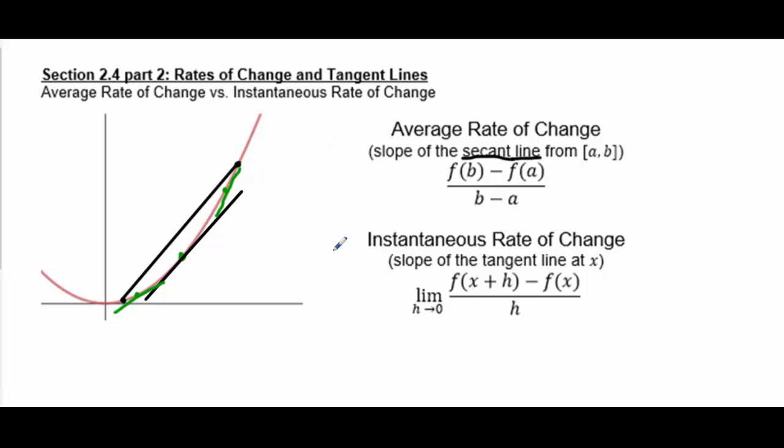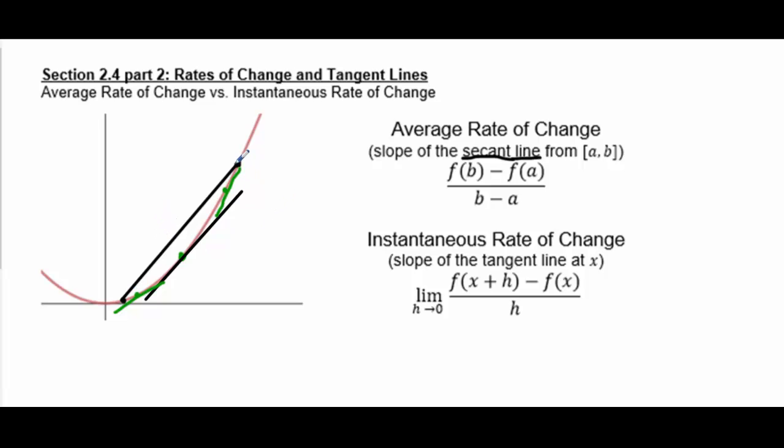What this formula here for the slope of the tangent line does is it's the idea that we bring these 2 points on our secant line as close together as possible. In fact, we want to make them so close together that we can't even tell that they're 2 different points.